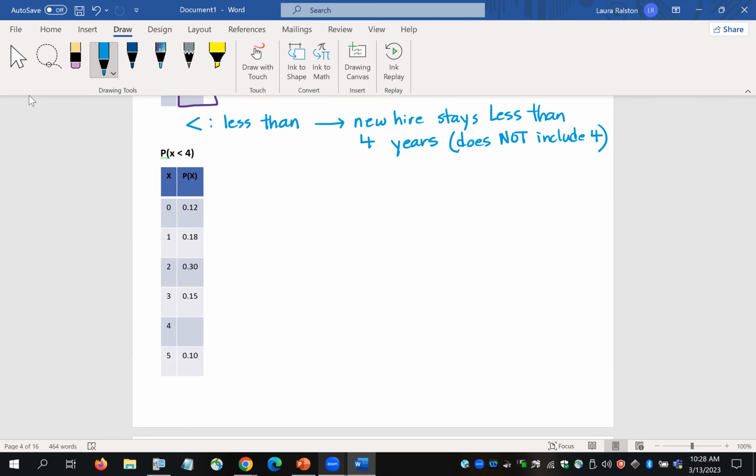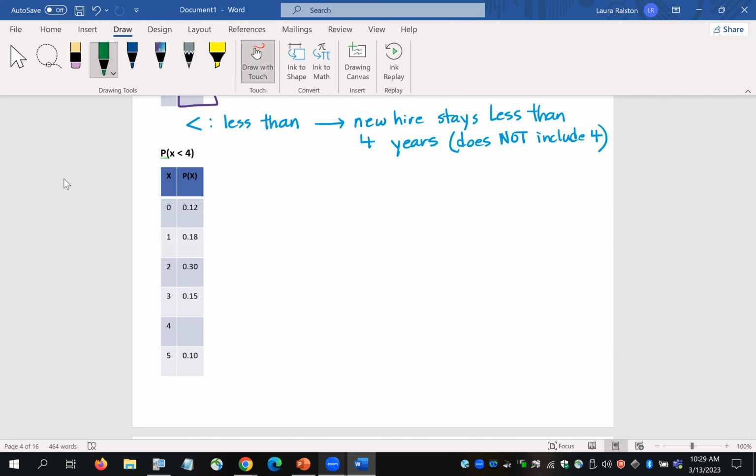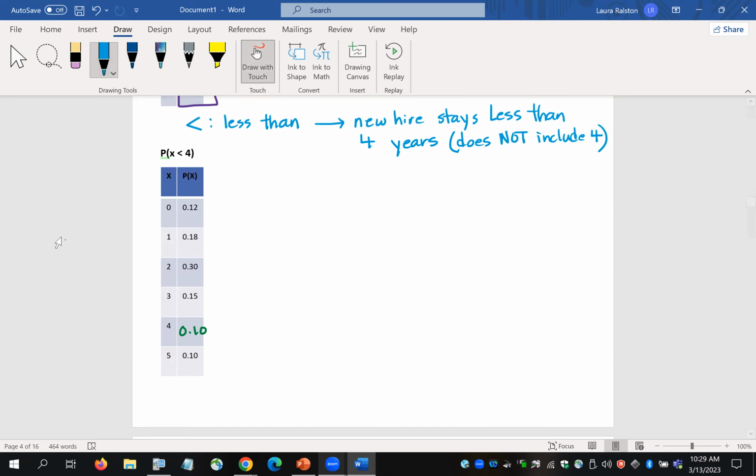It is less than. So if it is less than, and let me put my value in there again. Okay, if it is less than 4, I'm looking at, it could be 0 or 1 or 2 or 3, but not 4.